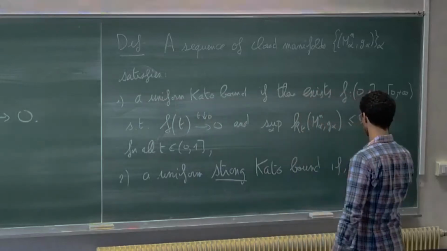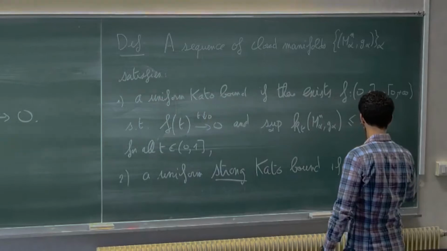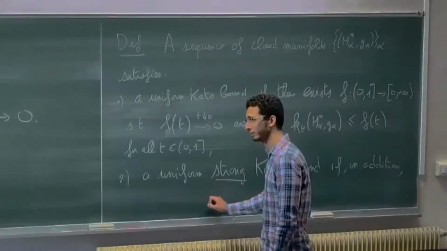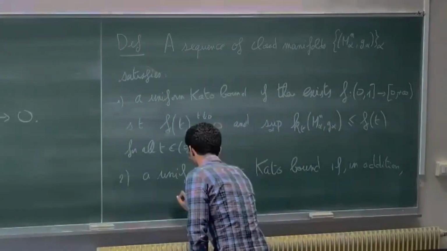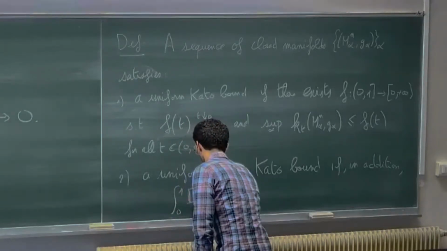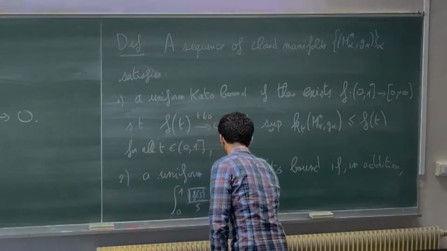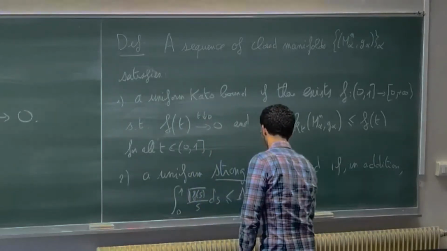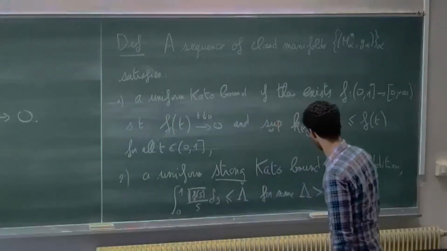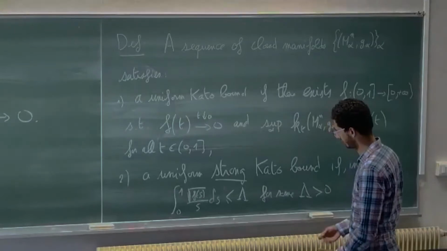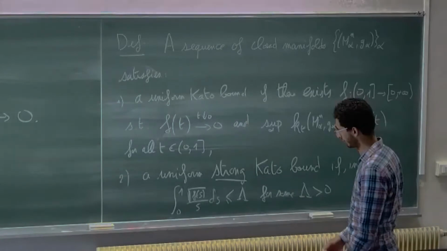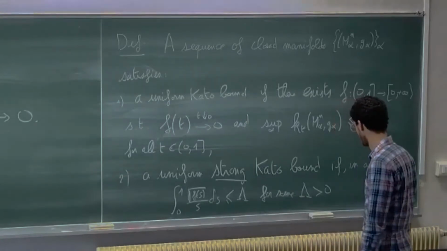In addition to this, the integral between 0 and 1 of the square root of f(s) divided by s, ds, is controlled by some number. This is a technical assumption that is useful to derive some better properties of the limit spaces.